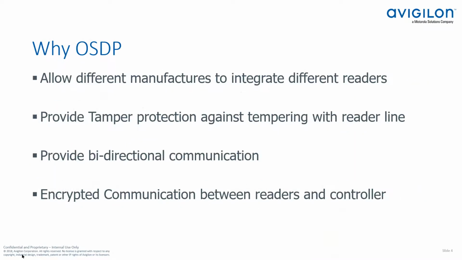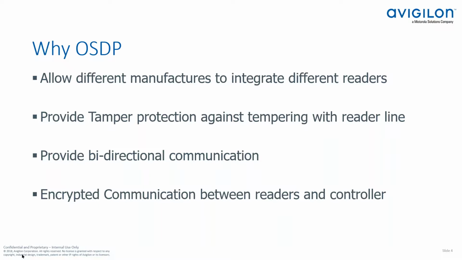So why OSDP? It allows different manufacturers to integrate different readers with your reader ports and provides more flexibility. You have some functionality that in other readers you have to provide extra configuration for. For example, tampering: OSDP provides tampering right off the gate.